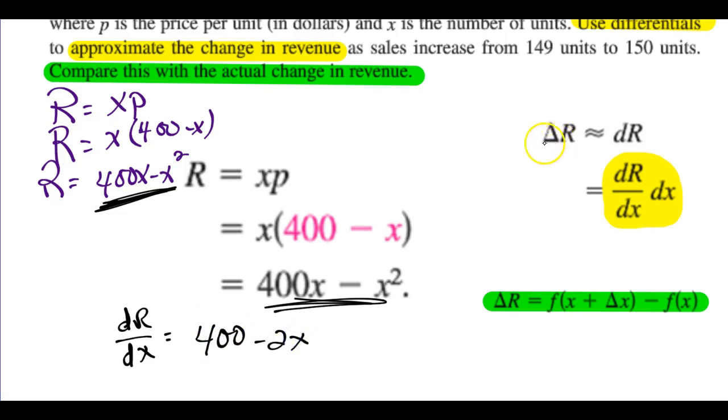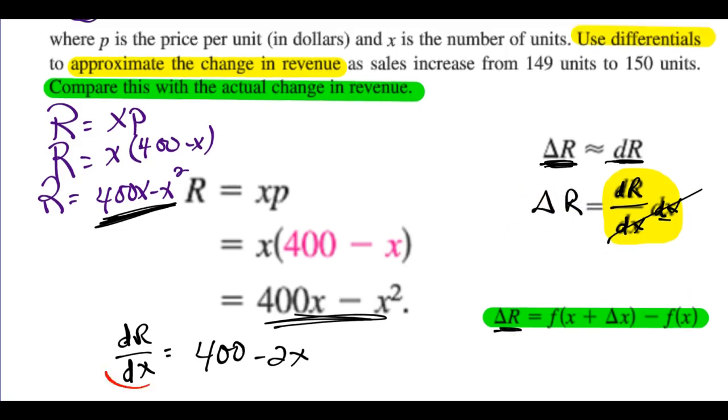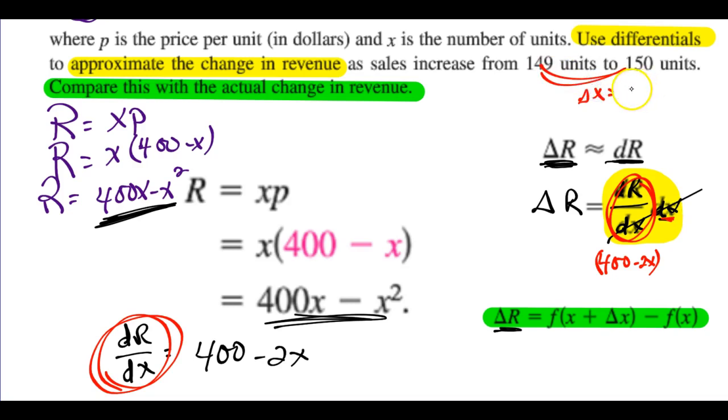Remember, the change in R is approximately dR, because you could go dR/dx times dx, the dx's cancel out, and you just get dR approximately equal to delta R. So let's start plugging things in. We know dR/dx is 400 minus 2x. And we know dx is the change in x, or delta x, and so dx is 1.